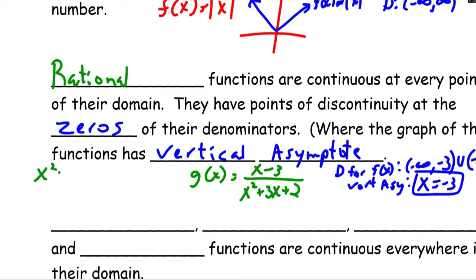So you have to figure out the zeros at the bottom. So we're going to have to factor that. Does it factor? If so, how? x plus 2, x plus 1. Yes, that works out. So therefore, x cannot be what values?